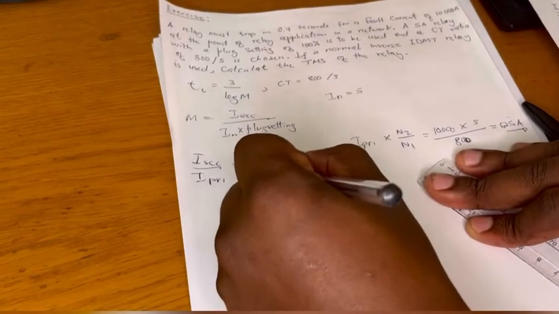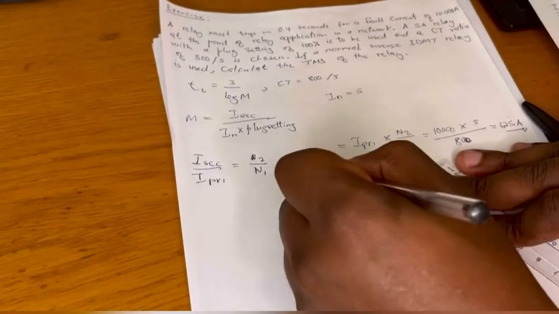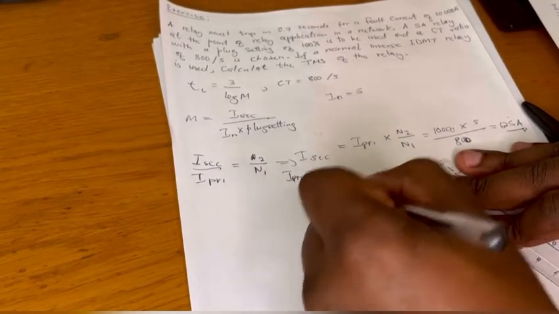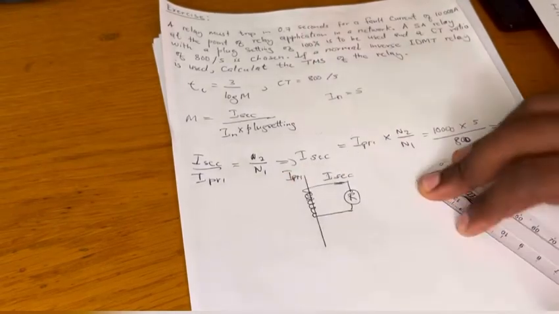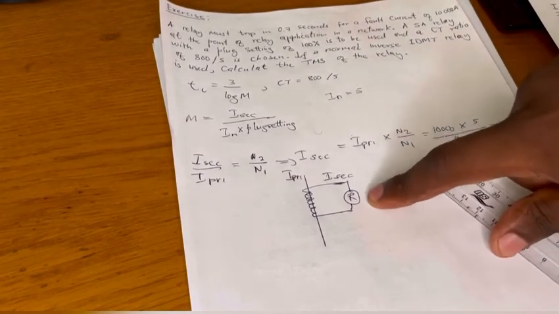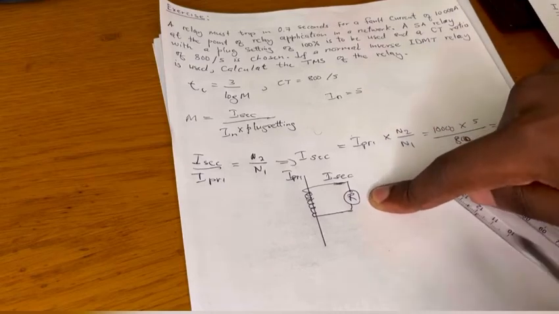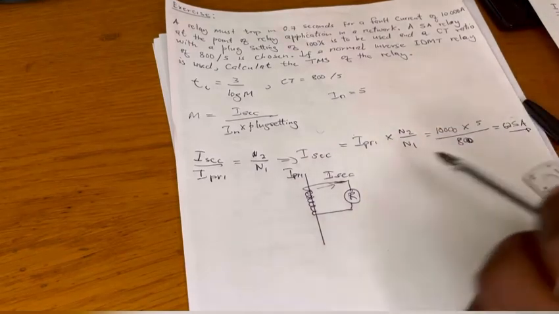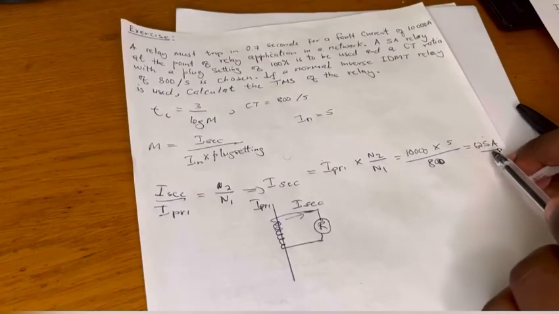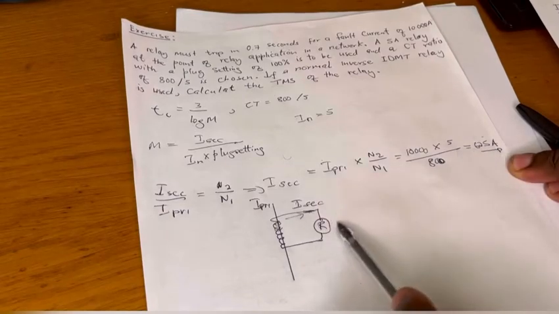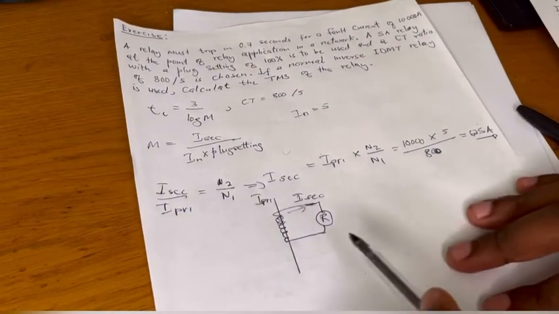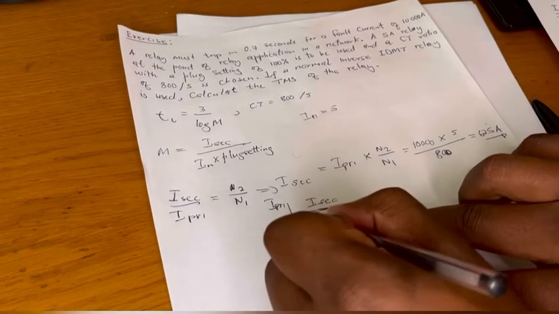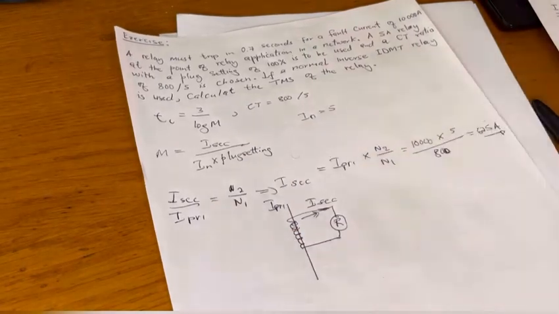This is the I primary, and this is the I secondary. The relay is sitting on the secondary side of the current transformer. So the fault current flowing here is now 62.5. That's the fault current that will cause the relay to trip, because the relay is set such that only 5 amps is flowing on the secondary side.